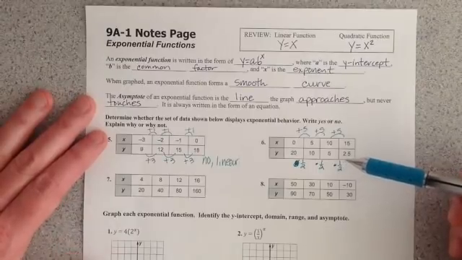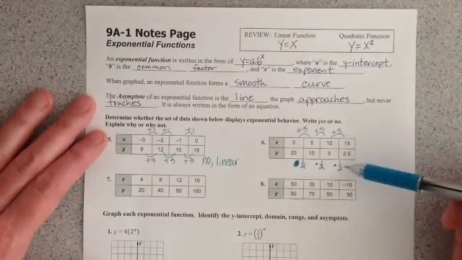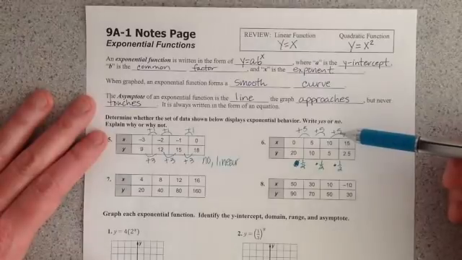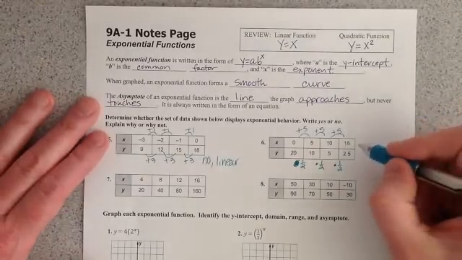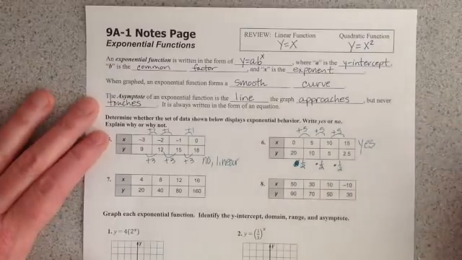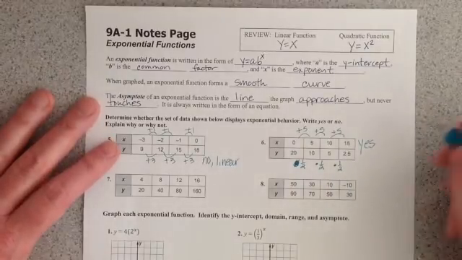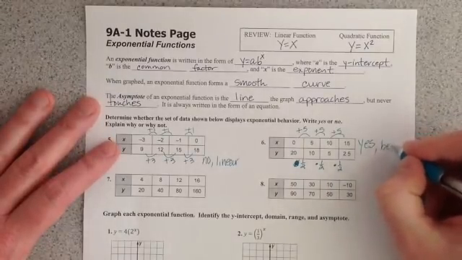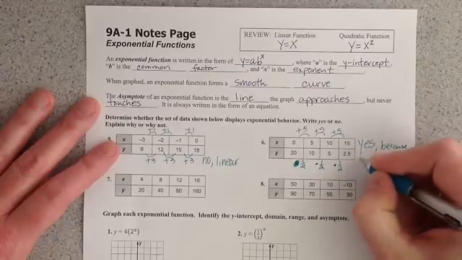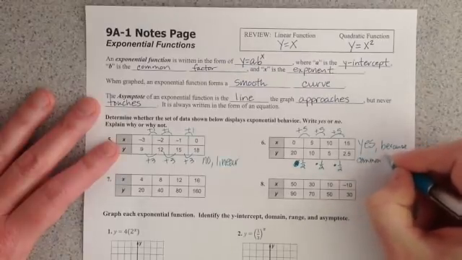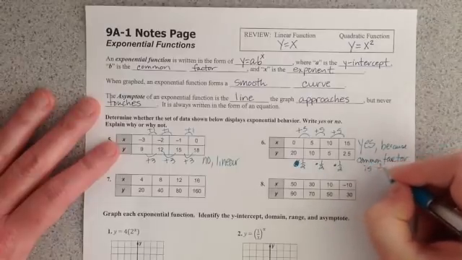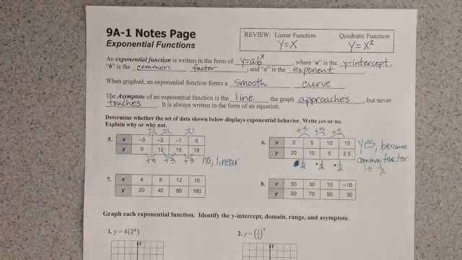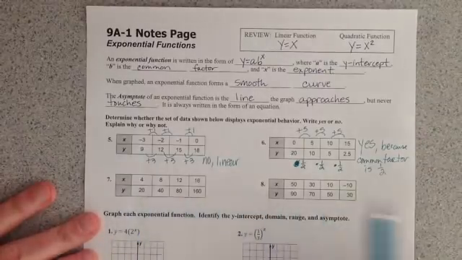So for an exponential function, I'm multiplying by a common factor in the y and adding by the common difference in the x's. So this is an exponential function because the common factor is 1/2.